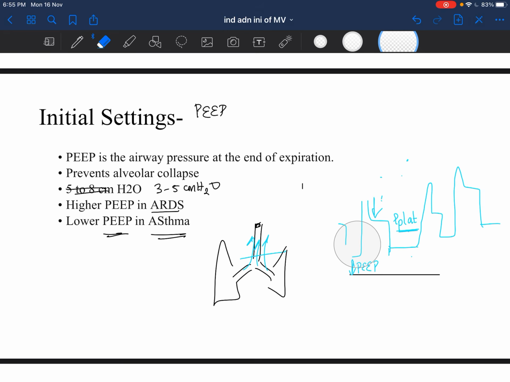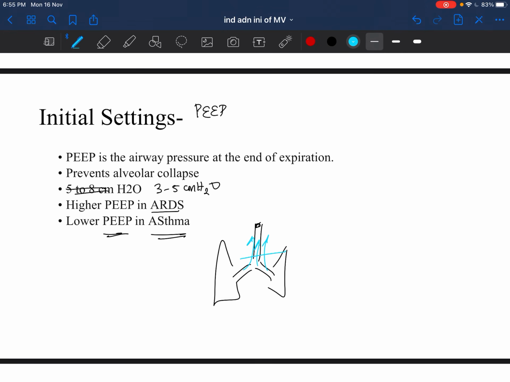Your flow rate is supposed to come back and touch the baseline. But what happens here? You have your inspiratory flow, you have your expiratory flow. This is supposed to touch the baseline, but in this patient, since there is already air trapped inside, it starts somewhat like this.